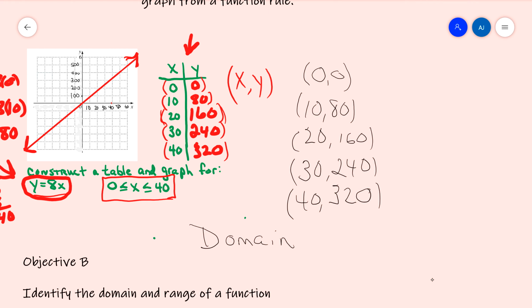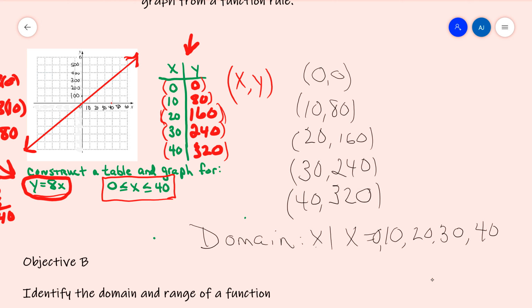The domain is x such that, the straight line means such that, x equals 0, comma, 10, 20, 30, and 40. And that would be our domain.